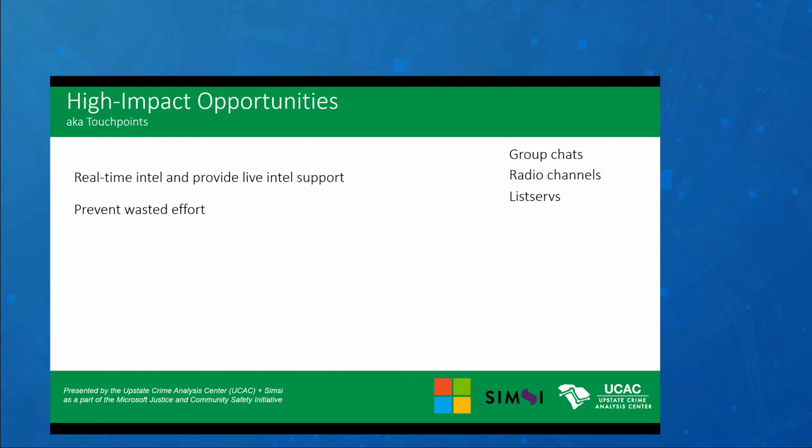He was already in custody, but we didn't know that. If we had been in that group chat and saw, hey, we got him, we're 1017 back to the LEC, we would have known we can take this off our list. It saves hours of unnecessary work because we can't be there with them on these tactical ops. So this is our way of being in the loop of what's going on in real time.